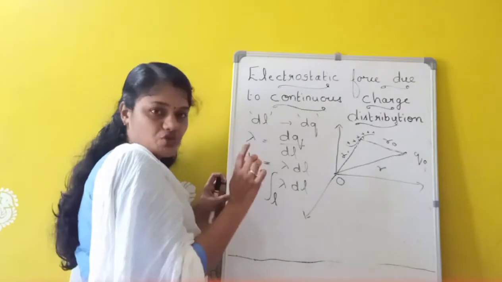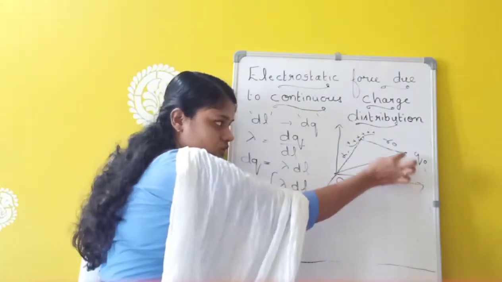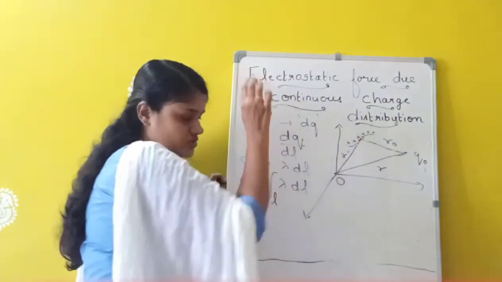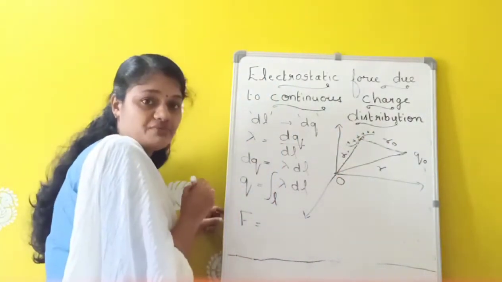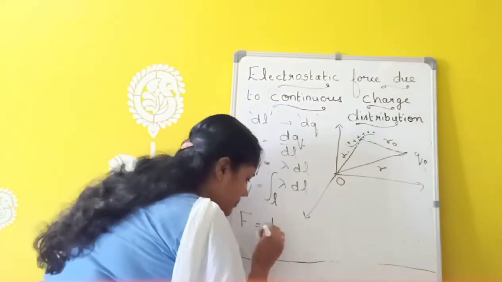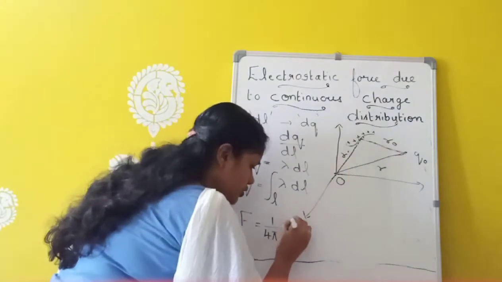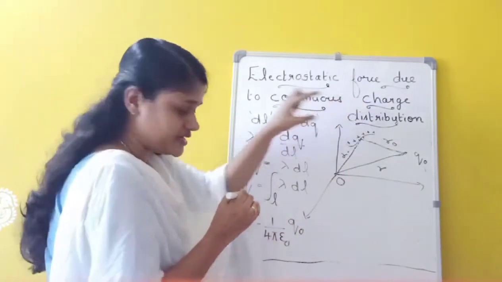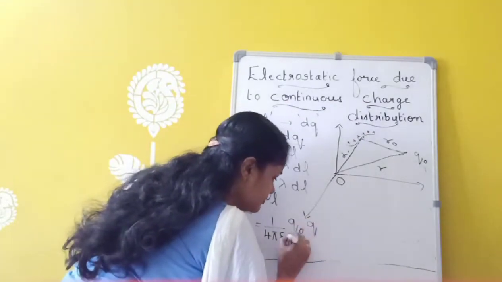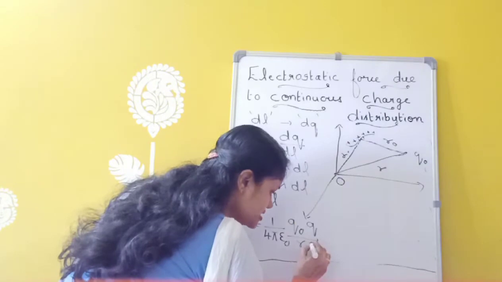Okay. Now we have to find the electrostatic force between charge q0 and this linear charge distribution. That is given by F. The formula we know according to Coulomb's law: F equals 1 by 4 pi epsilon 0 into q0 into the total charge of the conductor q, divided by the distance between these two charges, r0 square.